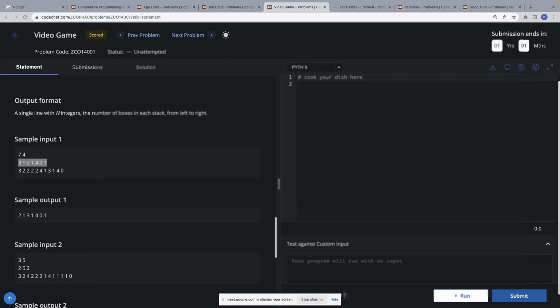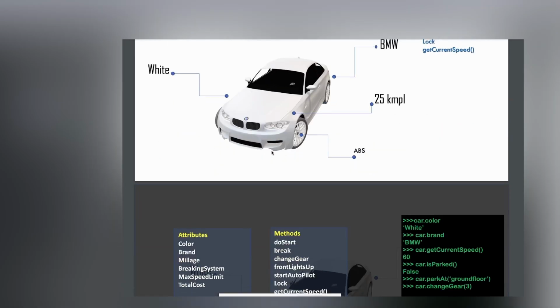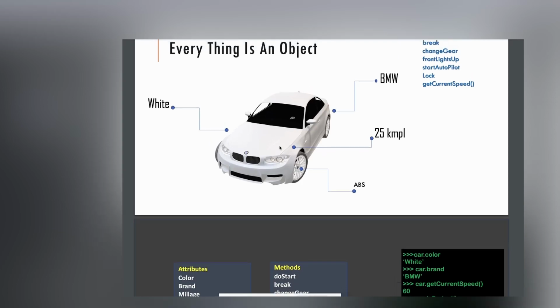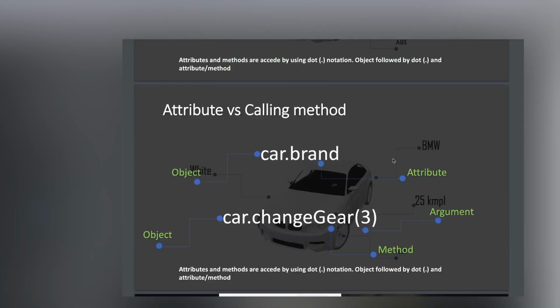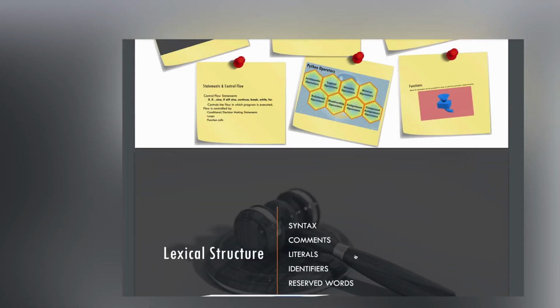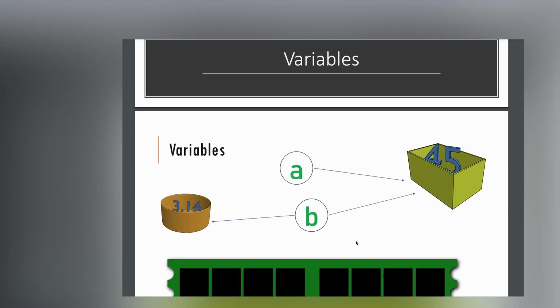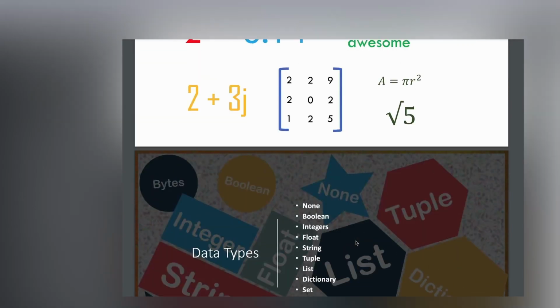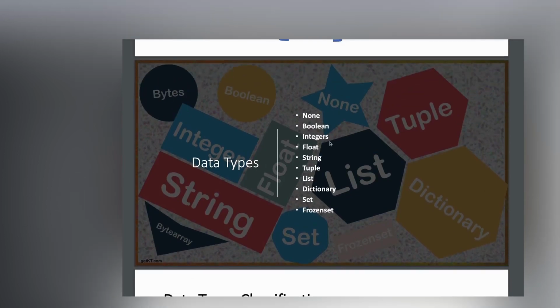These are the different types of data types. Let me show it. If you go further, we have data types here: none, boolean, integer, float, string, tuple, list, dictionary, set, frozen set.